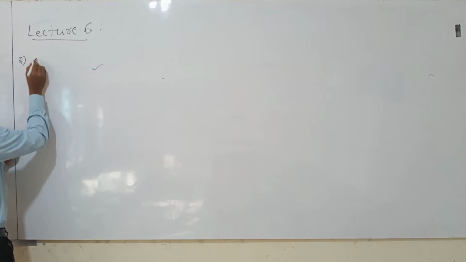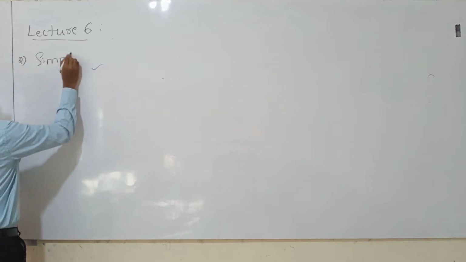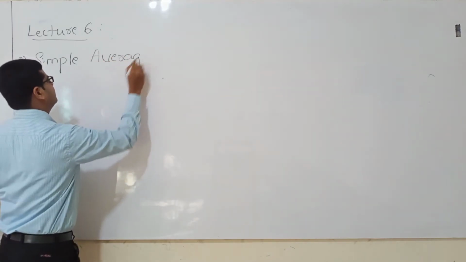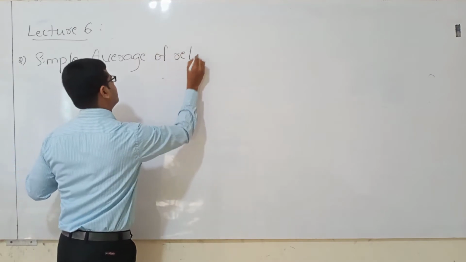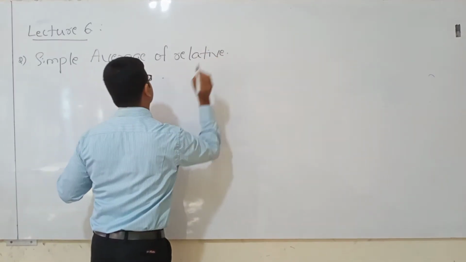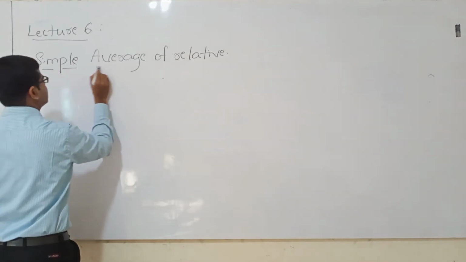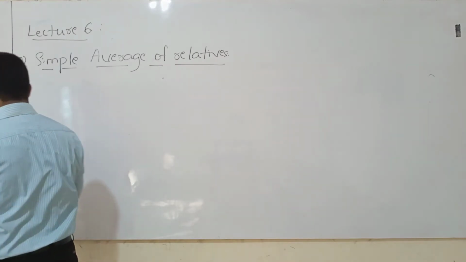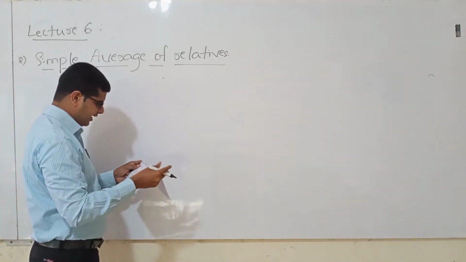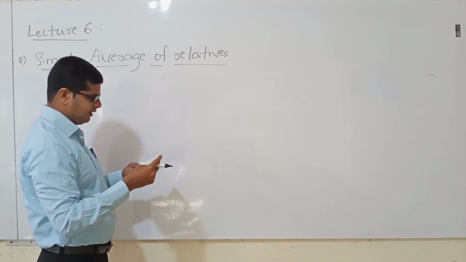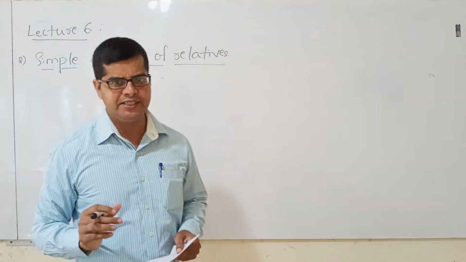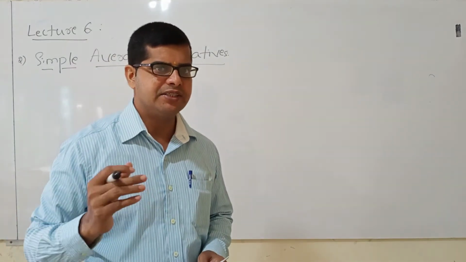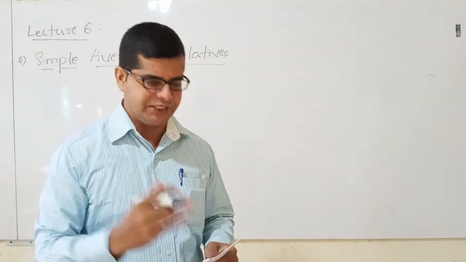I write here, second method: simple average of relatives. So under this we calculate by applying the following formula. So I write the formula first, then we work out problem number 3. In the exercise, problem number 3 is confined to this method.